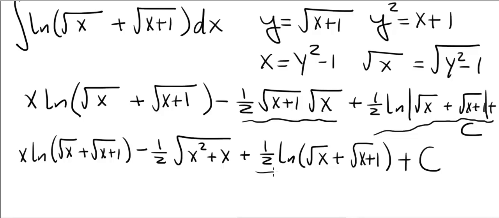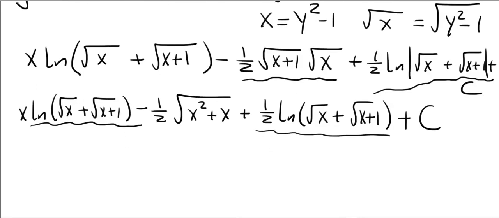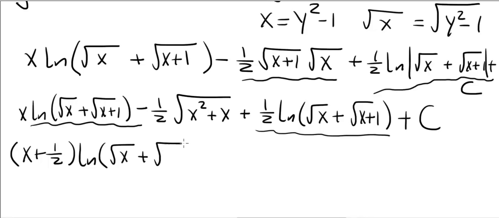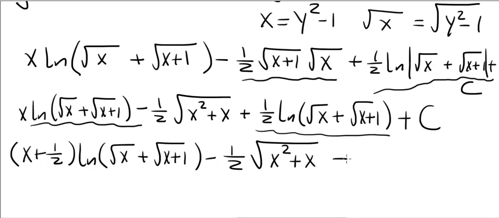Now further, these two terms can be factored, or we can factor natural log of square root of x plus square root of x plus 1. So let's write our final answer to this problem. It is x plus 1/2 times natural log of square root of x plus square root of x plus 1 minus 1/2 times the square root of x squared plus x plus c.